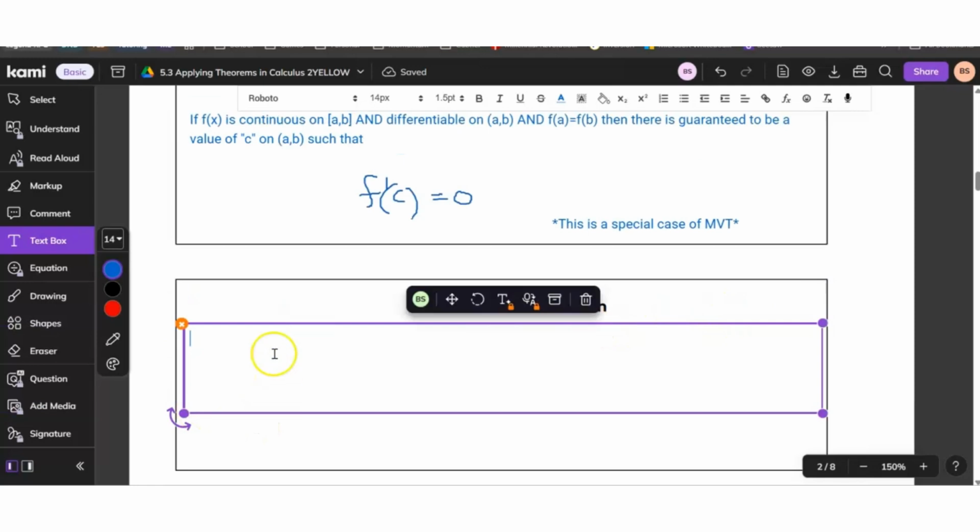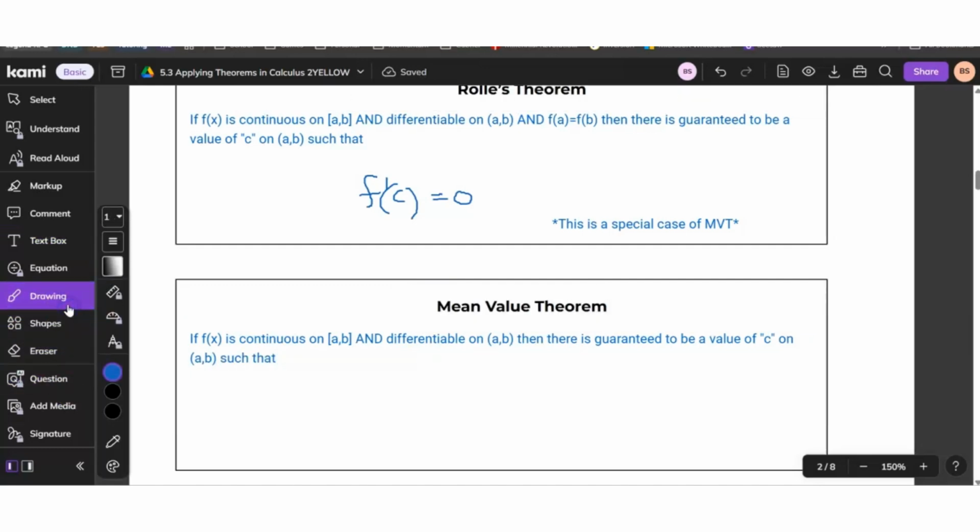All right, last one now is mean value theorem, and we're going to start it out the same way. If f of x is continuous on AB and differentiable on open interval AB, then there is guaranteed to be a value of C on that interval AB such that f prime of C equals the average rate of change, f of A minus f of B over A minus B. They gave me a new writing tablet and I don't like it.